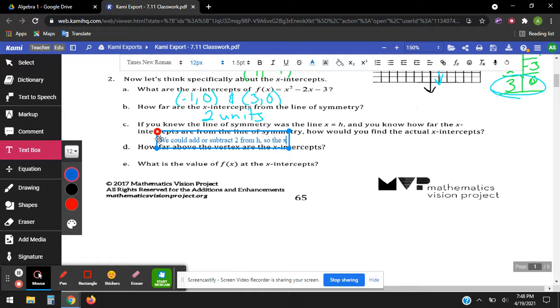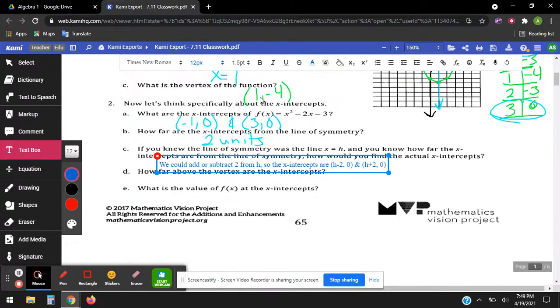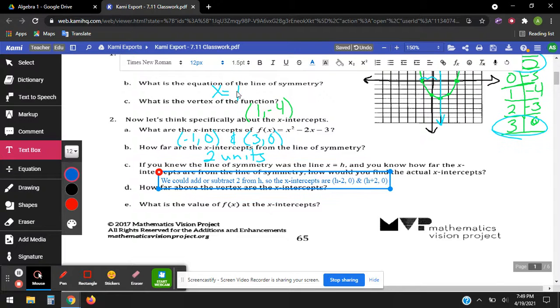So the x-intercepts are h minus 2, comma 0, and h plus 2, comma 0, right? Because if x equals 1 is our line of symmetry, 1 plus 2 is 3, 1 minus 2 is negative 1.